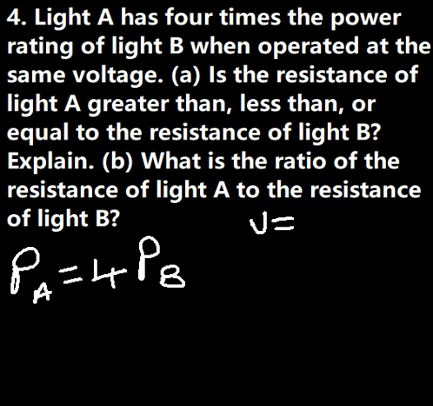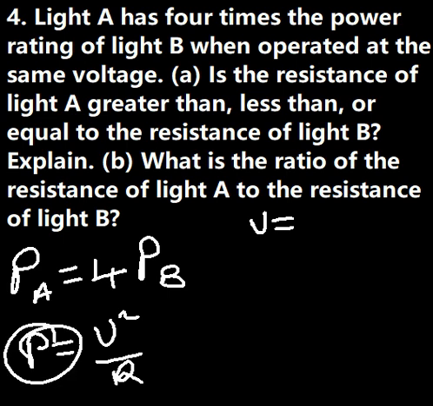So now, is the resistance of light A greater than, less than, or equal to the resistance of light B? We know that the power is equal to V squared over resistance. If the resistance is increasing, the power decreases. If the resistance is decreasing, the power increases.